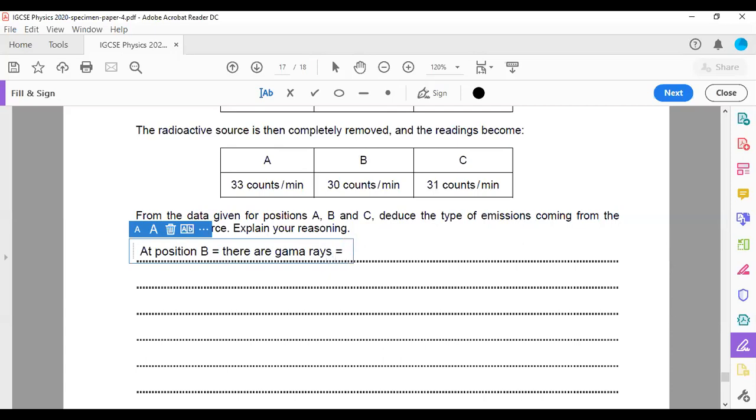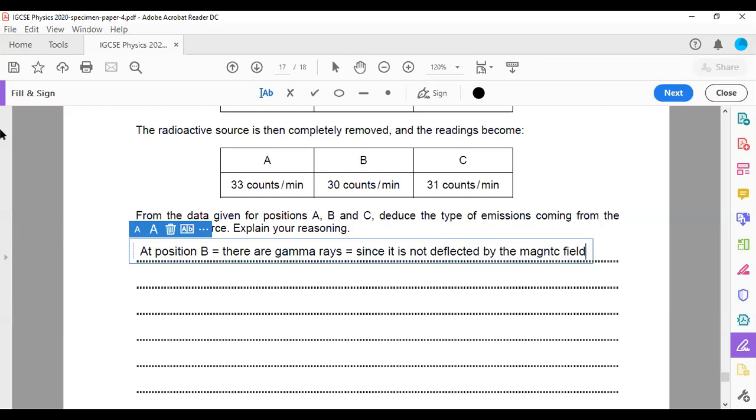Because it is not deflected by the magnetic field.